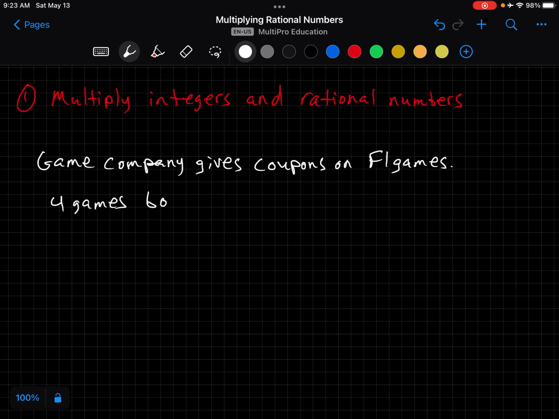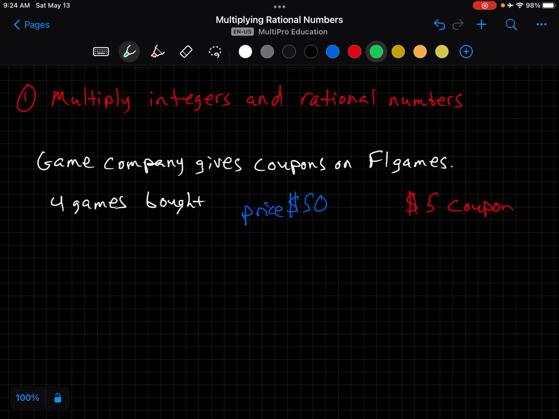And there were 4 games bought, and their price was $50 each. But they had a coupon. So this is the price, and this is the coupon, $5 coupon. Okay? And there were 4 games bought this day.